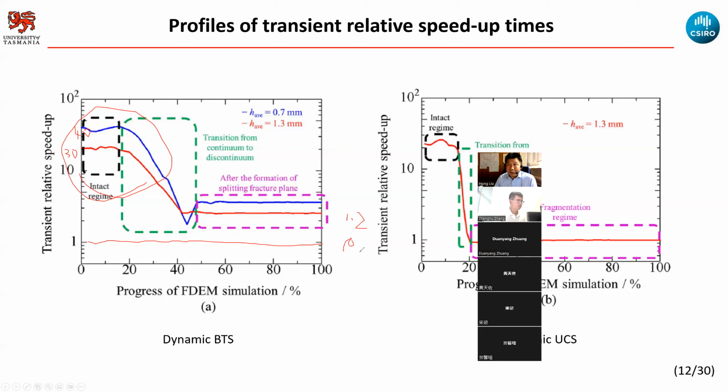Why? What is the reason? That's from when we activated the contact calculation. During the later stage, the macroscopic failure occurs there, so you need to activate the contact calculations at the location of that failure.